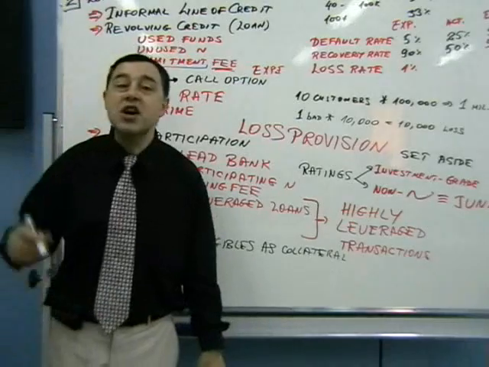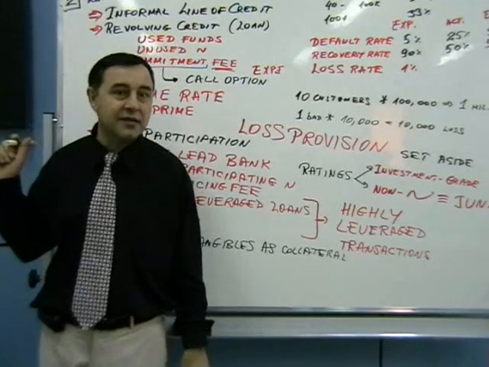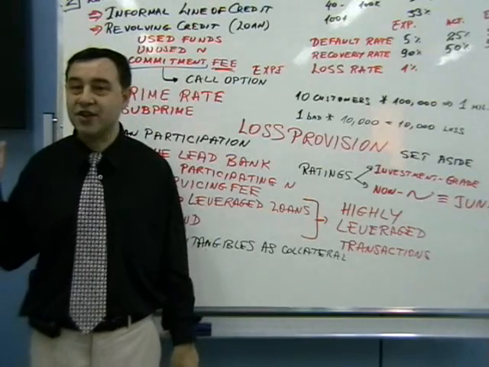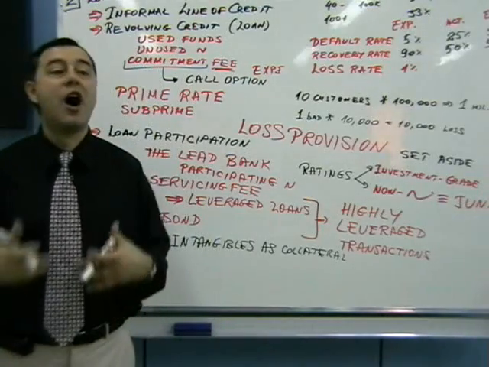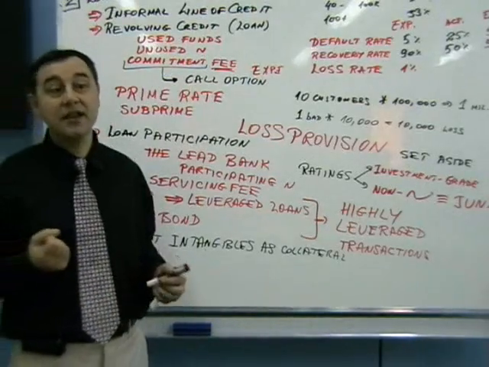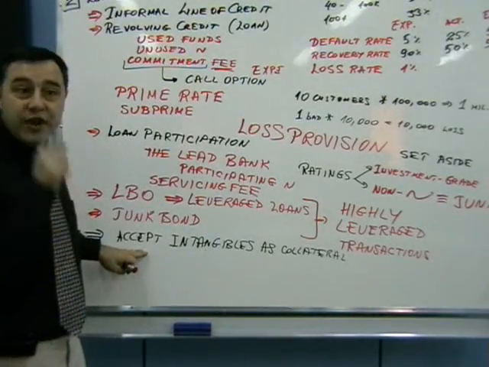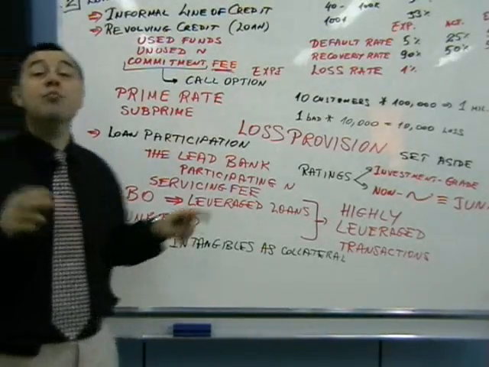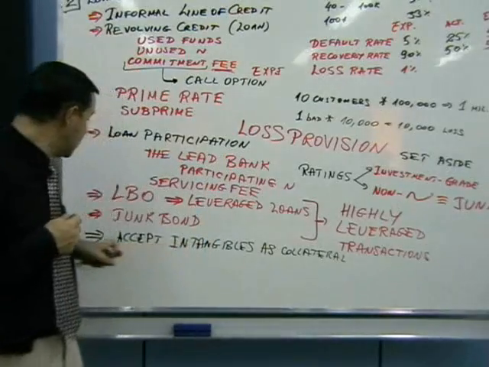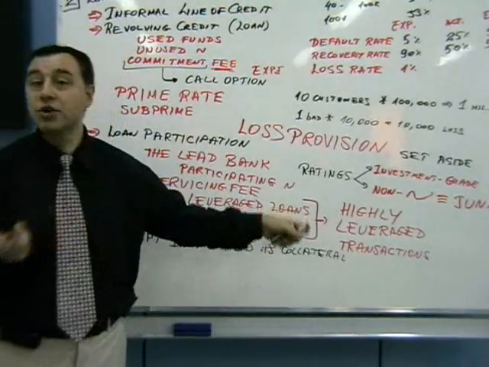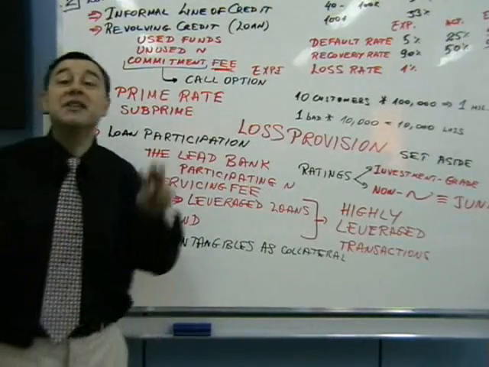In the early days of banking, bankers would not trust intangibles. They would want a hard asset that they can get their hands on. Well, the recent trend in the last couple of decades has been that bankers have become more willing to accept intangible assets as collateral. This could be the brand name.